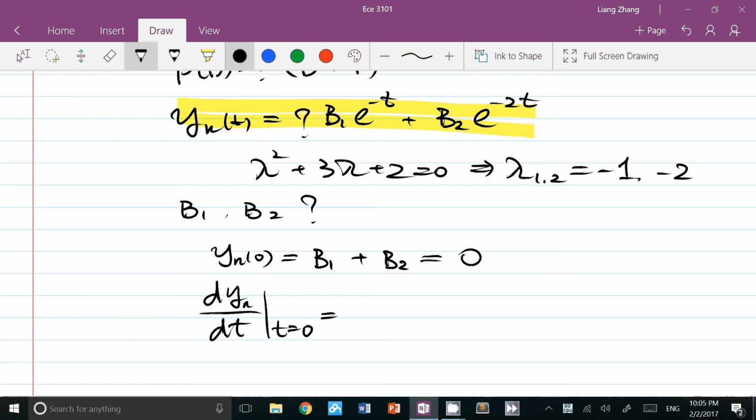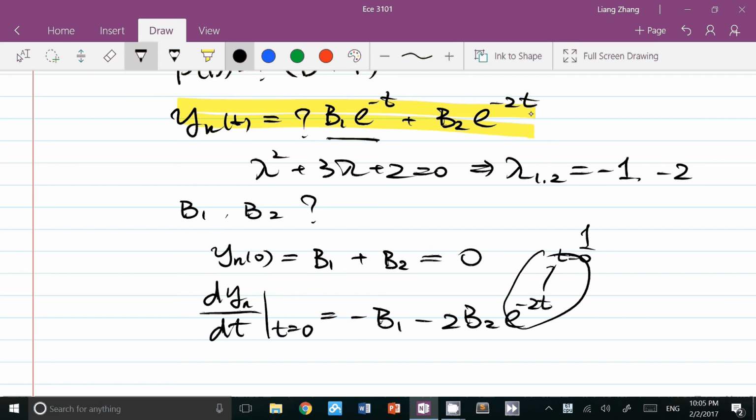When we do this, we take the derivative of the first term, which gives me negative b1, evaluated at t equal to 0, so e to the 0 is still 1. For the second term, it will be negative 2 b2, evaluated at t equal to 0, where e to the power negative 2t goes to 1.